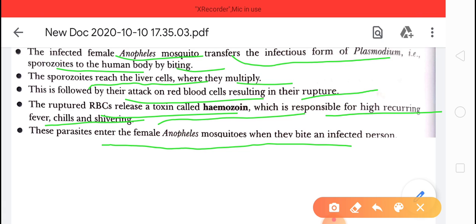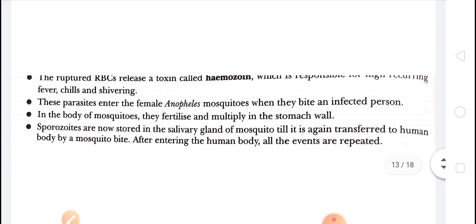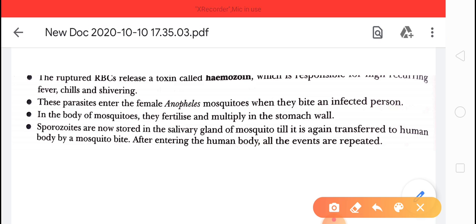When a female Anopheles mosquito bites this infected human, it takes the female and male gametocytes, and then the male and female fuse together. They fertilize and multiply in the stomach wall. Then after fertilization, they form the sporozoite, that is the infectious form, and these sporozoites are stored in the salivary gland of the mosquito.